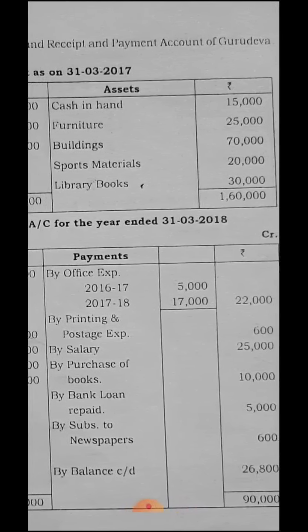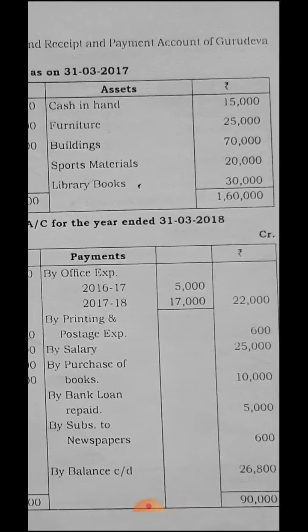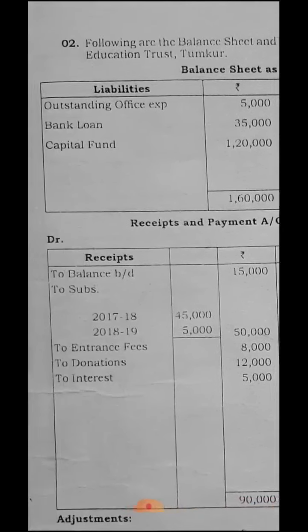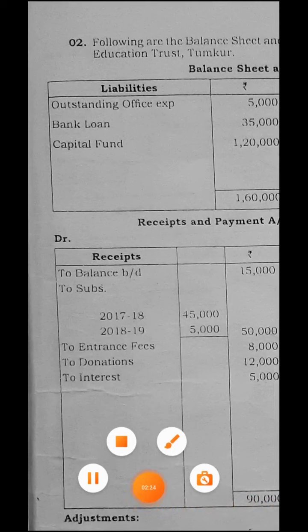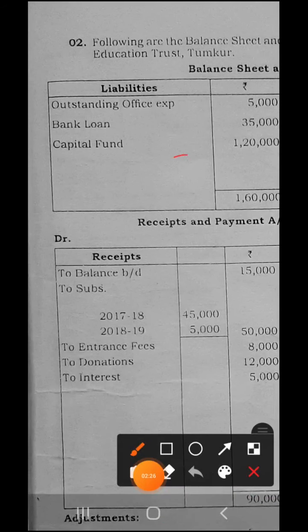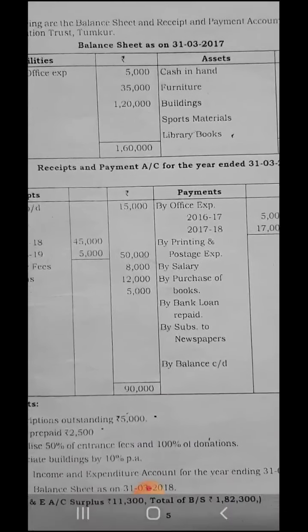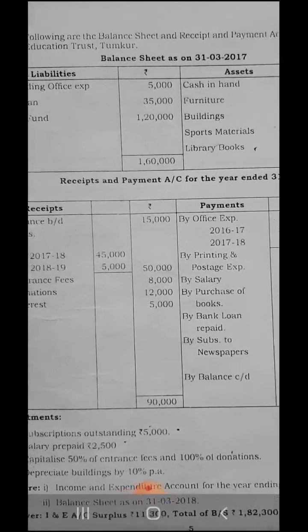So all assets are given. No other adjustment is there in the previous year balance sheet except the 5,000 outstanding office expenses. This previous year expense we are going to deduct. Clear? Then come to the receipts and payment account.